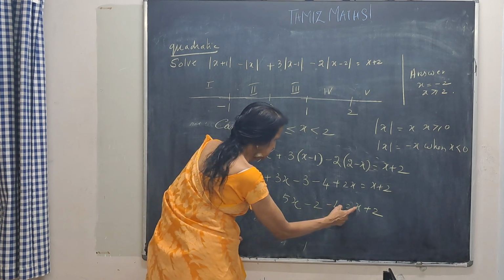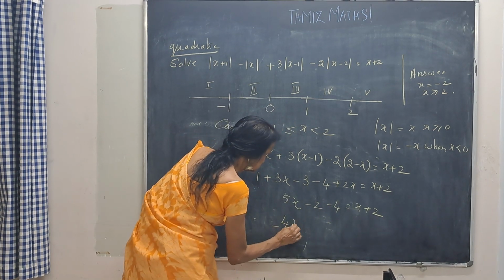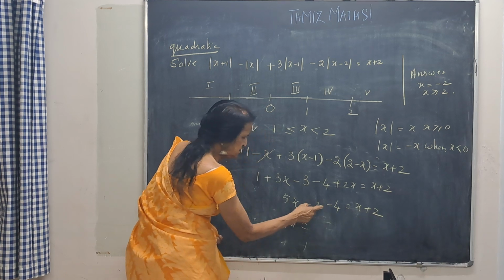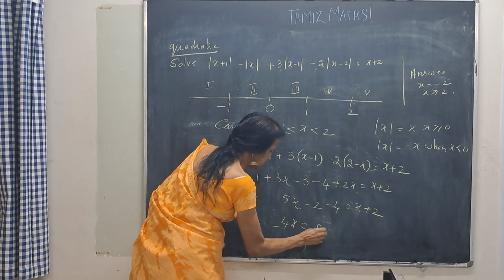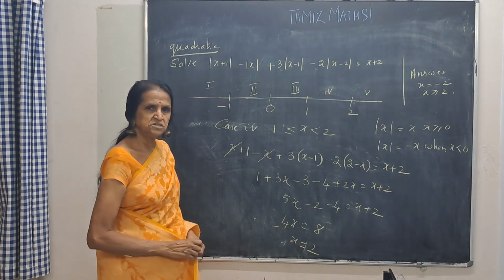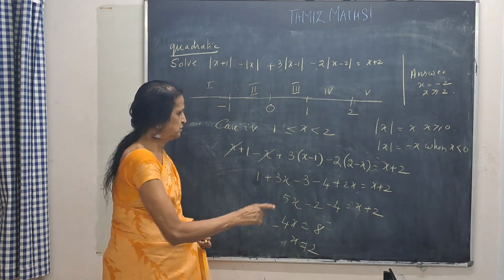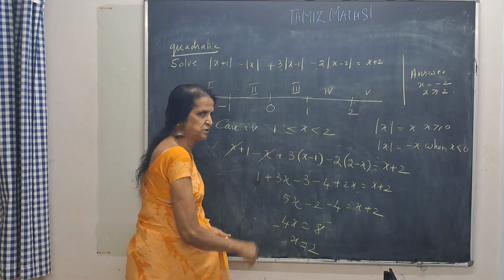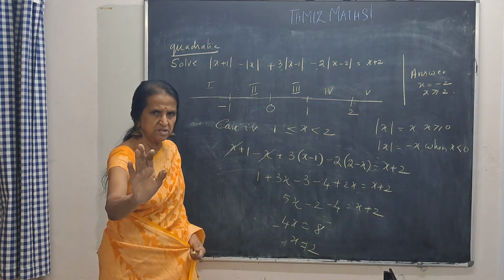Now bring this here, 4x is equal to, this is here 6, take it to that side, it will become 8. X is 2. But this also cannot be accepted because x equal to 2 I have not put here, so there is no solution in this interval.